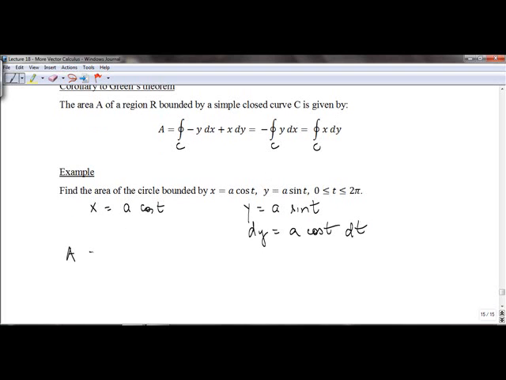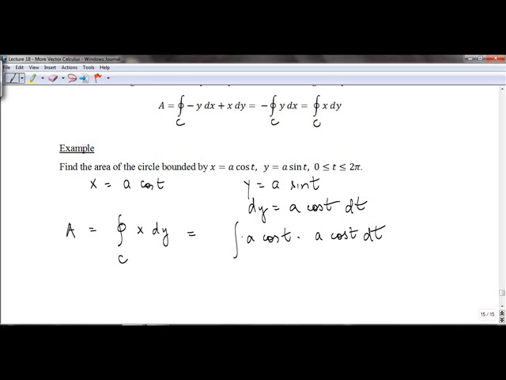So the area, which is the line integral over C of x dy, is equal to, so put everything in. x is a cosine t, dy is a cosine t dt.